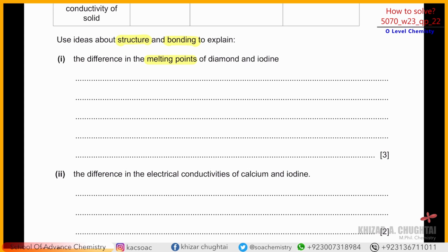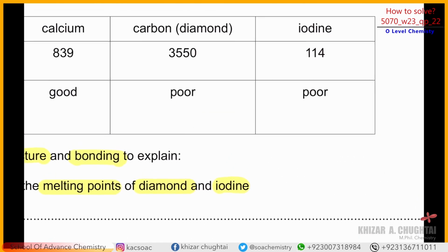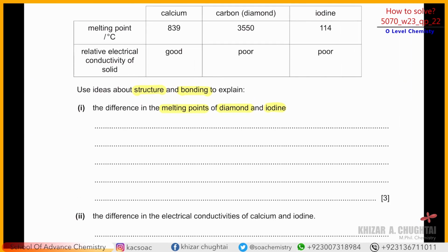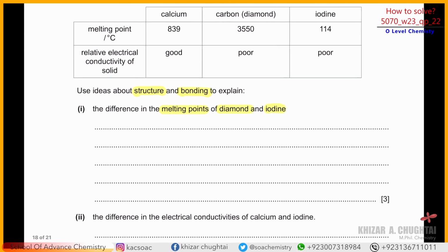So we are going to compare the different structure and bonding of diamond and iodine to justify the difference in their melting point. There's a huge difference between the melting point of diamond and iodine. You can see it over here. So first of all, what is the structure of diamond and what is the structure of iodine?